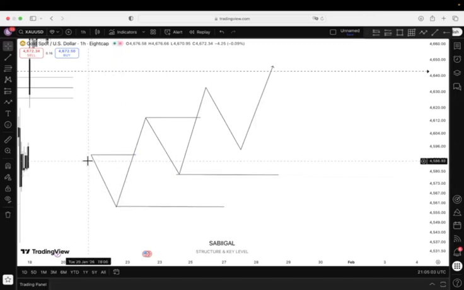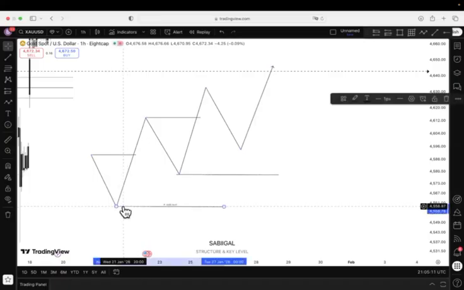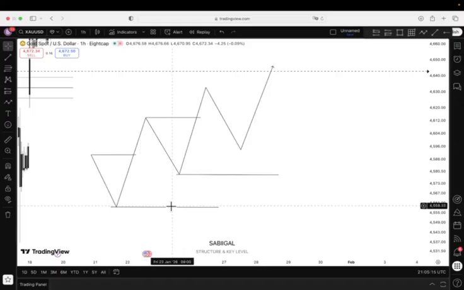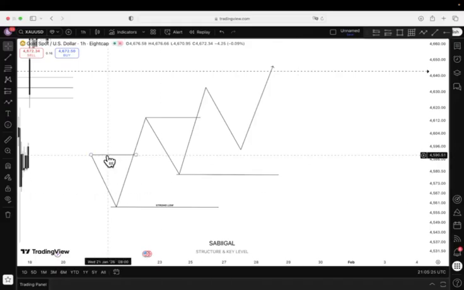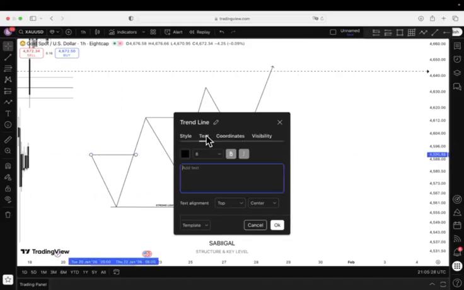Before this high gets taken out here, there is a low that broke that structure. So whenever a low breaks a high, that low is considered strong. It's called a strong low. And the high that got taken out is considered a weak high.